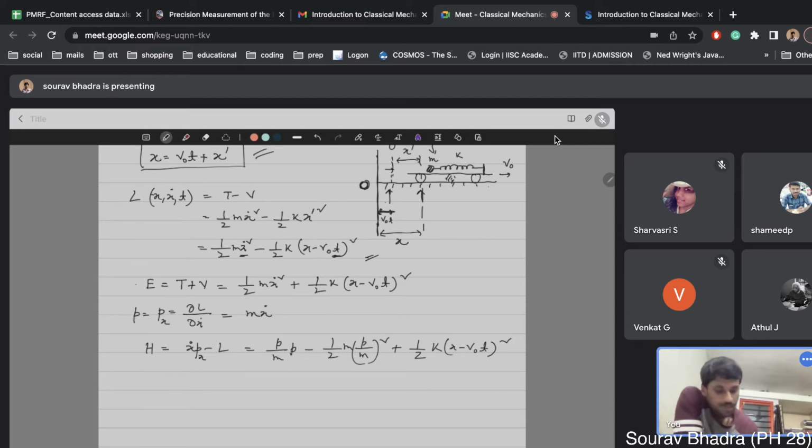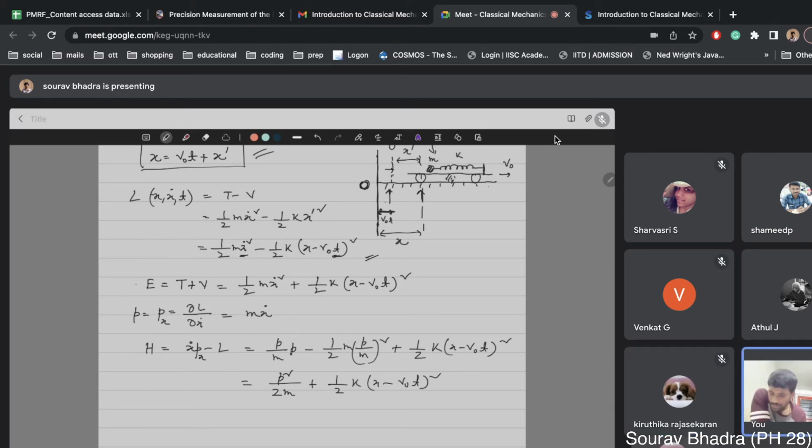So this is p square by 2m plus half k x minus v0 t square. So this is the total energy of the system.